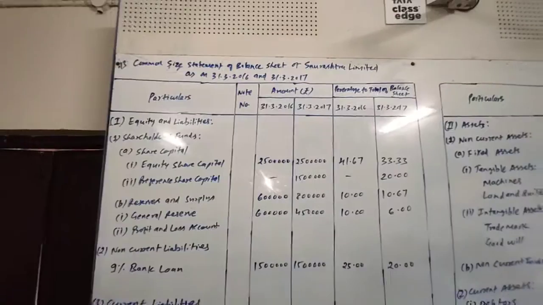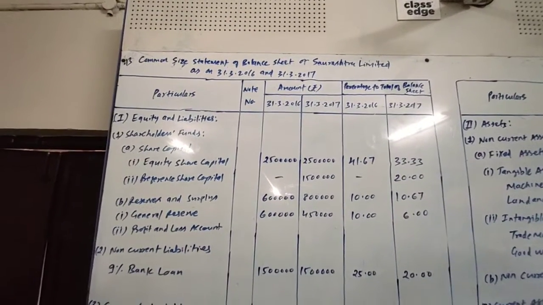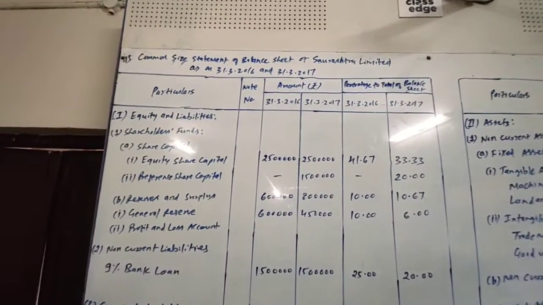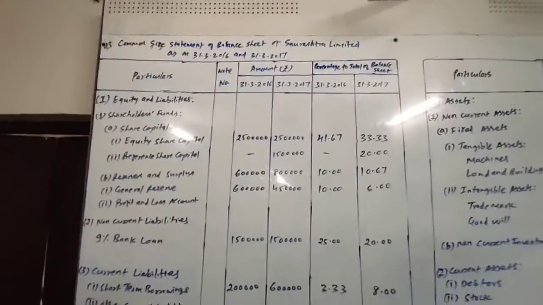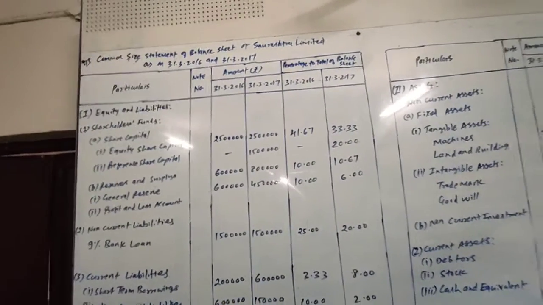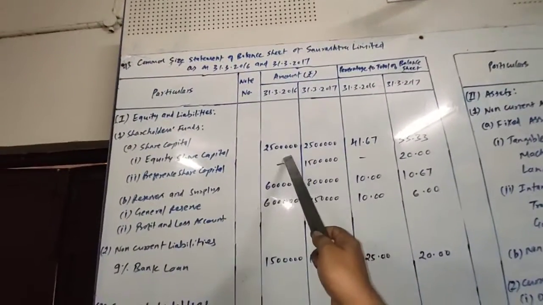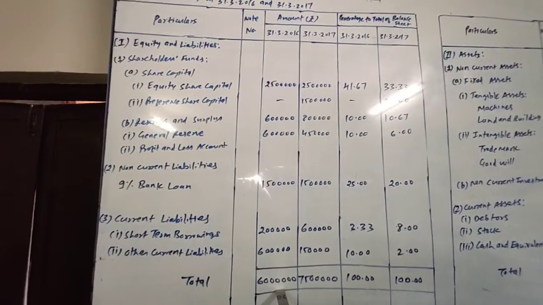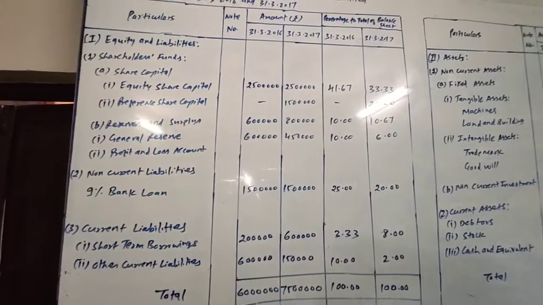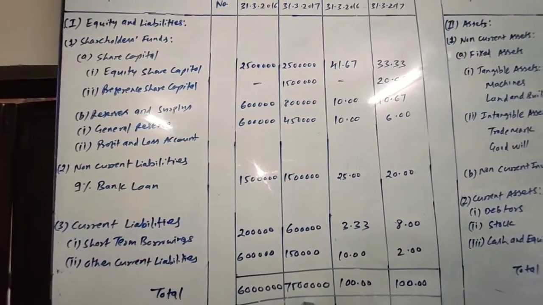Here it is. Sum number 13, common size statement of balance sheet of Saurashtra Limited as on 31/3/2016 and 31/3/2017. The first item given to us on the equity and liability side is equity share capital, which is 25 lakh in both the years, and the total of 2016 is 60 lakh and 2017 is 75 lakh.